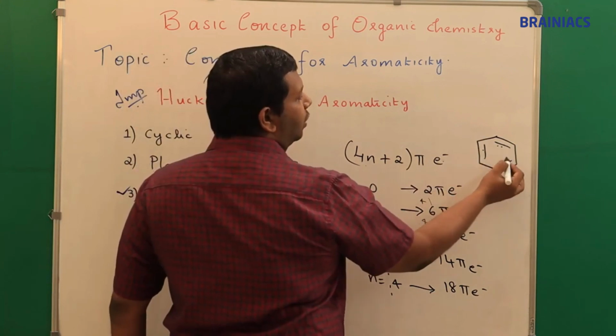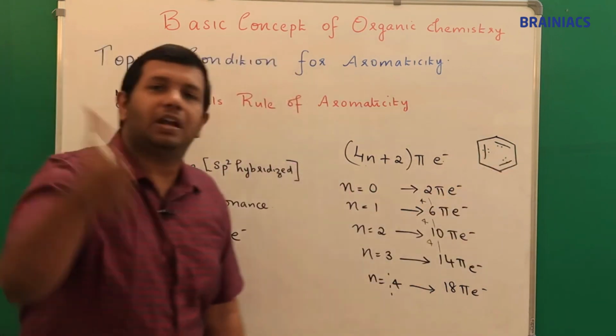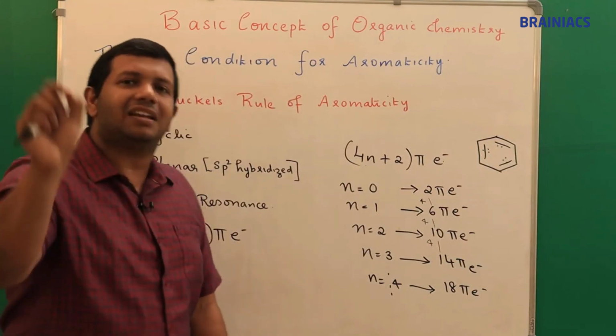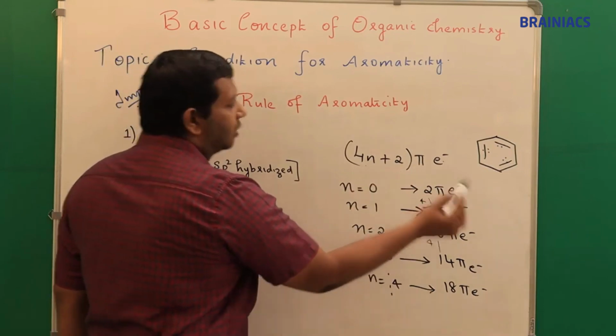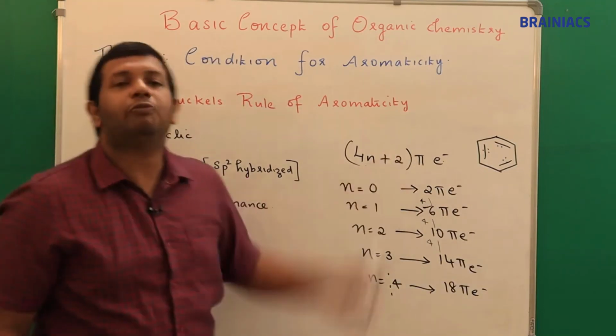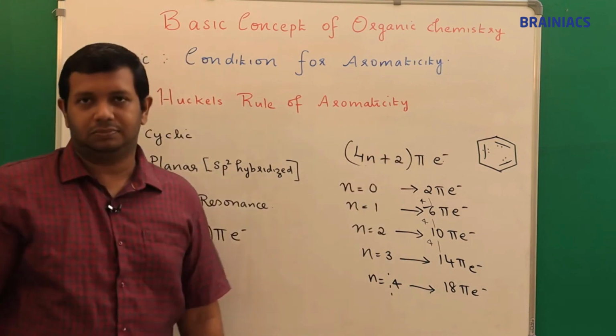So here 2 electrons, here 2, here 2. Totally how many pi electrons are there? 6 pi electrons. Just take that number 6 and check whether it is coming in any of these. I know that 6 is coming here. Super. So this is following Huckel's 4n plus 2 pi electron rule.